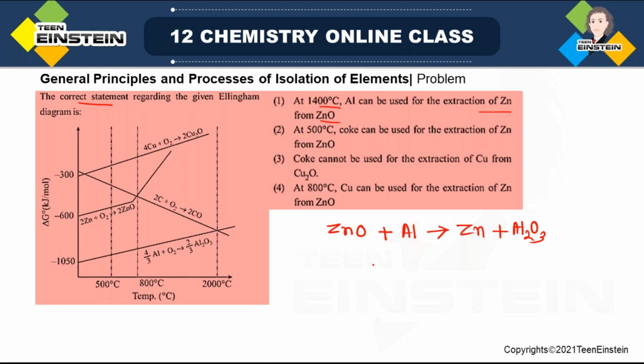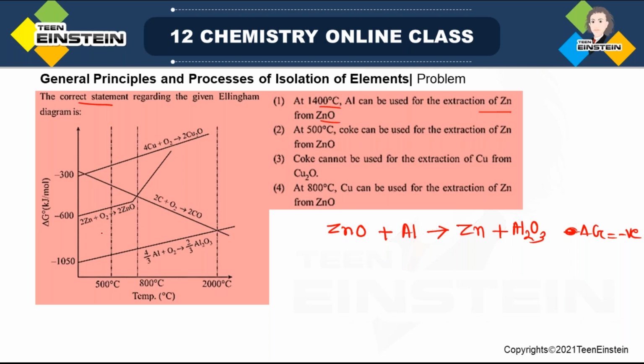This reaction is possible only when the corresponding del G value is negative. Now del G value will be negative if the line for Zn to ZnO is above the line of aluminium to aluminium oxide.